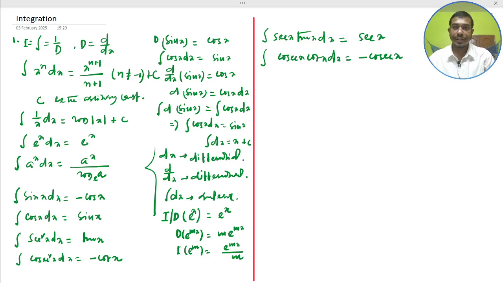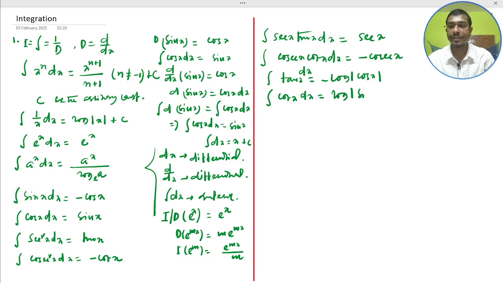Next, integration of tan x, very important: tan x dx integration is minus log mod cos x. Integration of cot x dx, the variable dx, is log mod sin x.